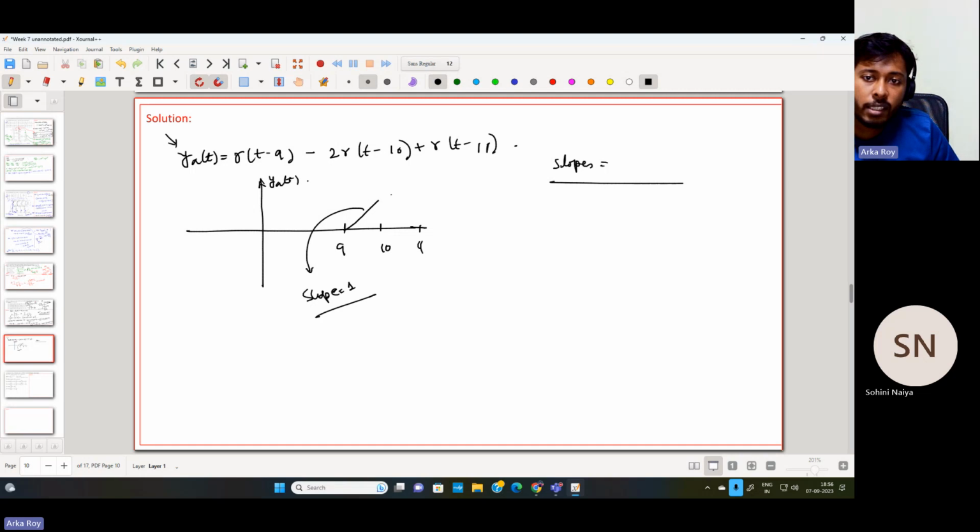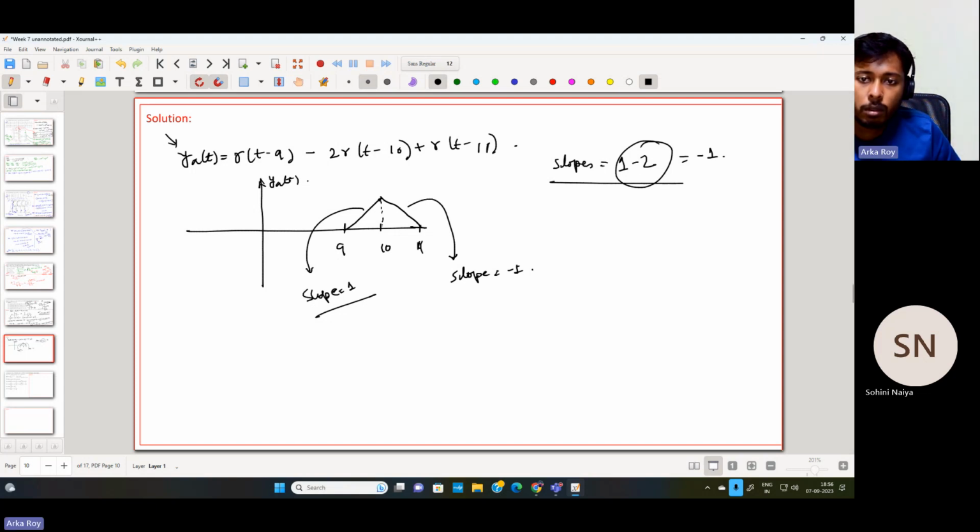Now when I reach t equals to 10, the amplitude is 2. However, I can see that the slope is basically 1 minus 2, so 1 minus 2 will give you the slope of -1. That means from here it will start falling down. So here the slope is equal to -1. Now what will happen after 11?